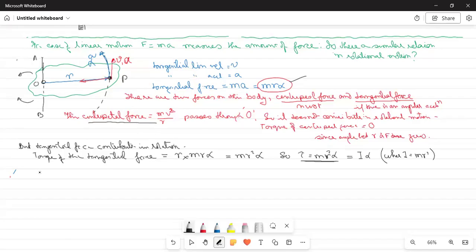So we arrive at a beautiful relation that torque tau is equal to I alpha.